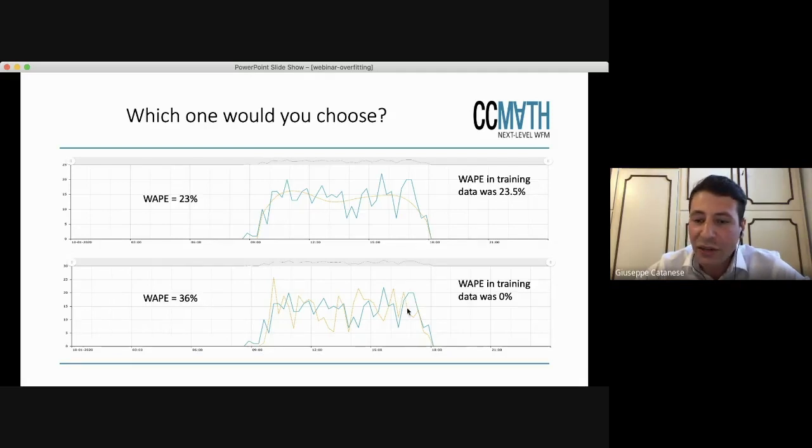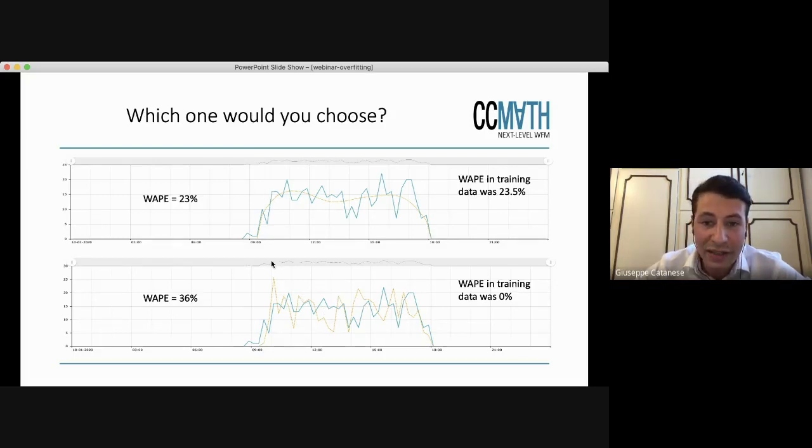Basically, the second graph was doing a WAPE in the training set of 0%, but on the test, 23.5%. So the guy was confident, saw a really good fit, and thought, maybe I can use this pattern to do my forecast.